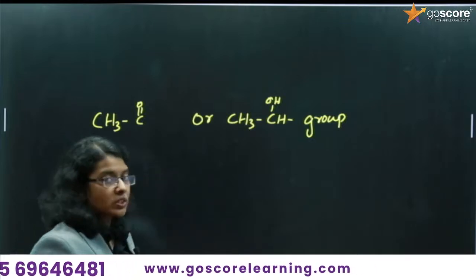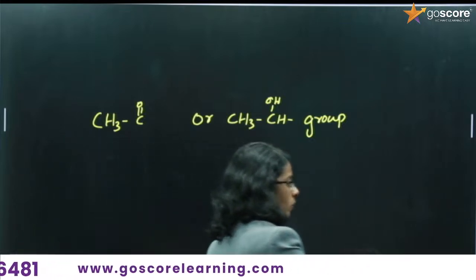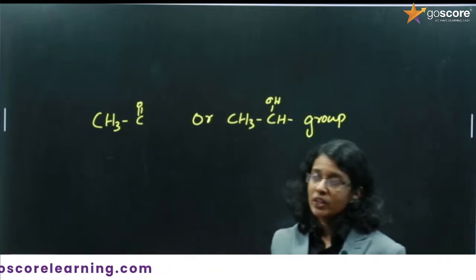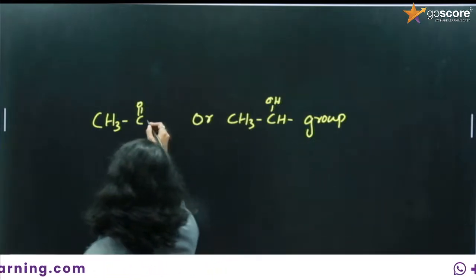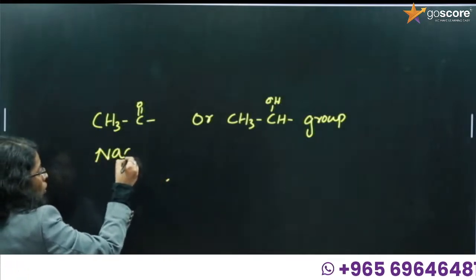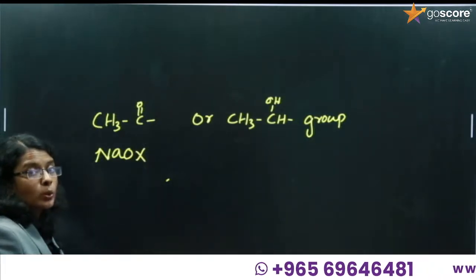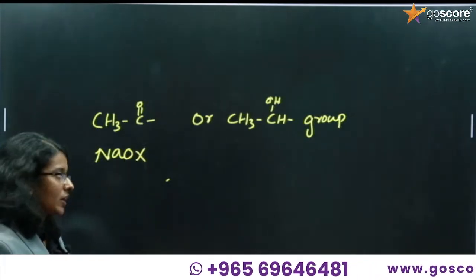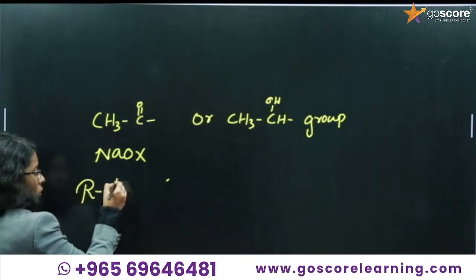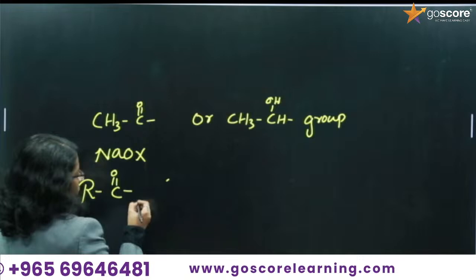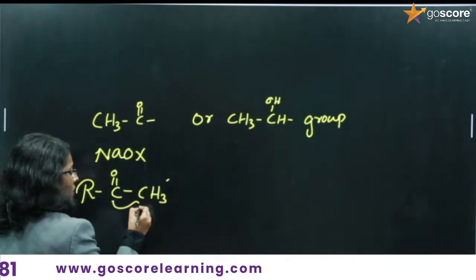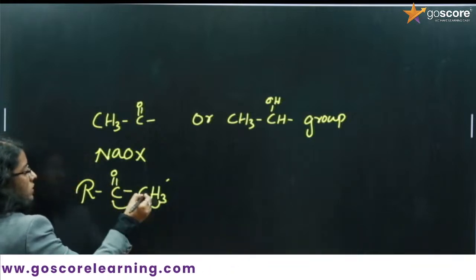In this reaction, the compound reacts with sodium hypohalite. What is the formula of sodium hypohalite? That is NaOX. So R-C=O-CH3, this compound contains the COCH3 group.